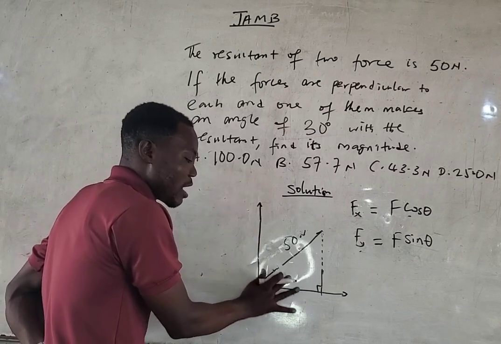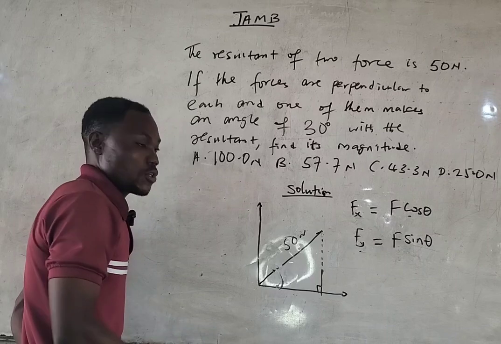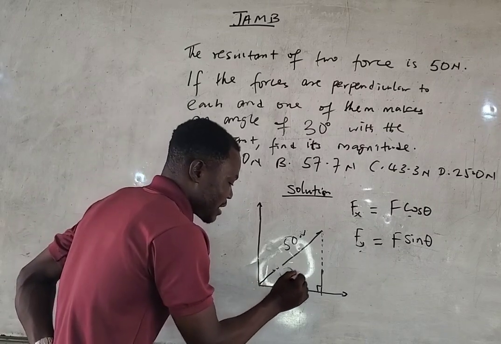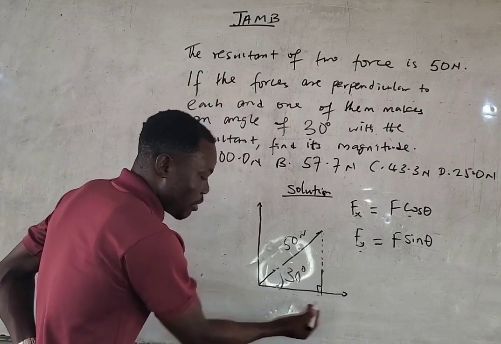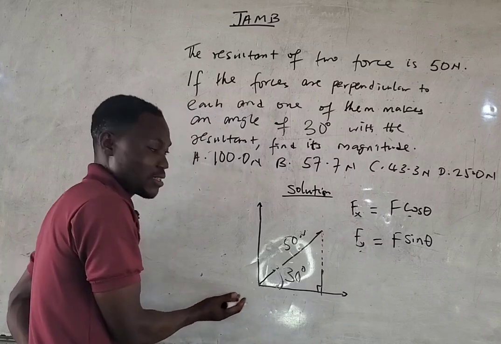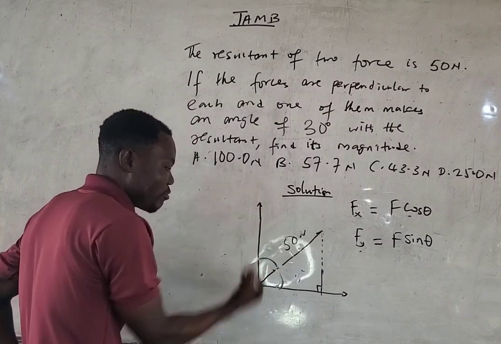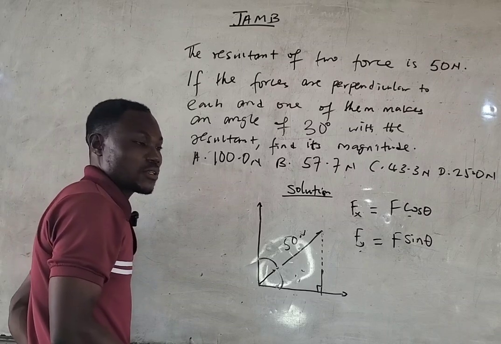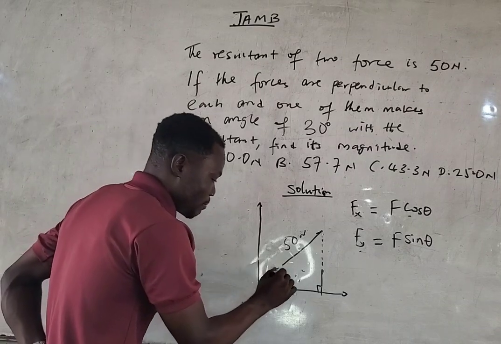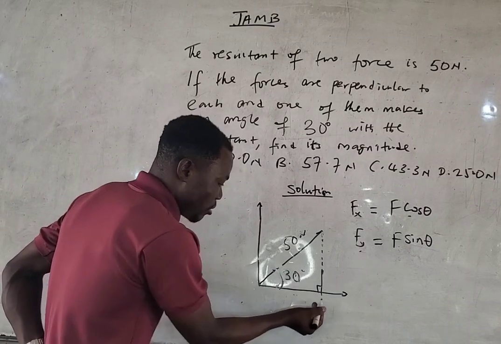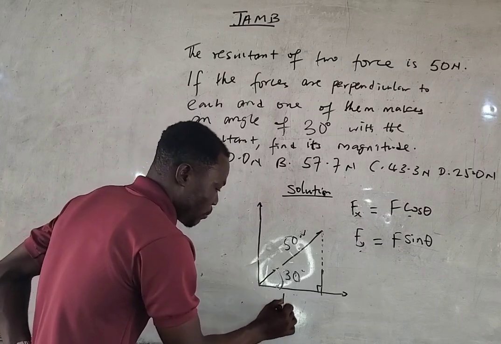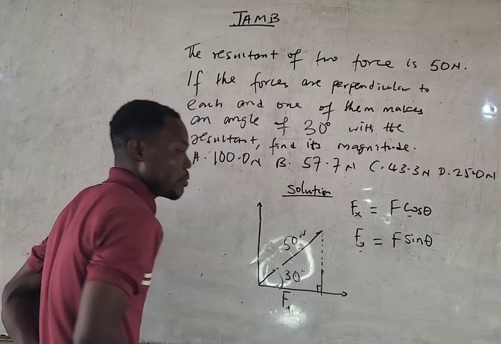So wherever we put the angle is totally up to us. So if I put 30 degrees here, that means I will have to look for the horizontal component. If I put 30 degrees here, then I will have to look for the vertical component. So let's put 30 degrees here. So we have to look for here. So this is the component that we'll be looking for.